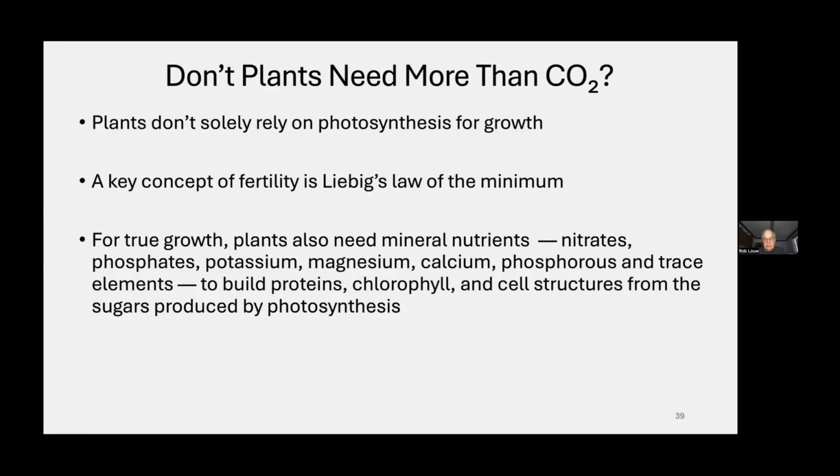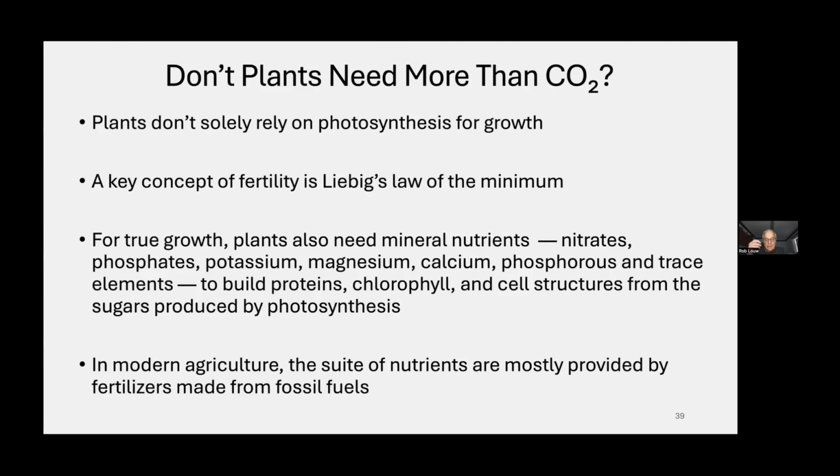And for true growth, plants need mineral nutrients: nitrates, phosphates, potassium, magnesium, calcium, phosphorus, and trace elements. They are needed to build the proteins, chlorophyll, and cell structures from the sugars produced by photosynthesis. Now, in modern agriculture, the suite of nutrients are mostly provided by fertilizers made from fossil fuels.